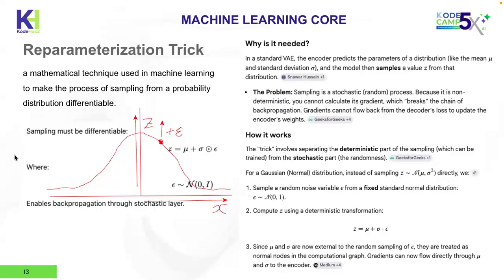The sigma is, of course, the standard deviation. So you take Z, which is mu, the average, and sigma is the standard deviation, but you modulate the standard deviation by this epsilon, which is the random component.